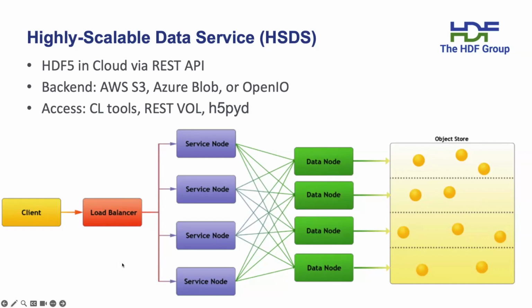And this enables a lot of useful behavior. But one way this comes in very handy is with large reads and large writes. These large requests span dozens or hundreds of chunks, depending on your use. HSDS's internal architecture in this diagram here has multiple service nodes and data nodes. And so when you have these operations on many chunks, HSDS's separate data nodes can divide up that task into multiple pieces operating on disparate chunks, and then operate on them in parallel, because reads on those separate chunks can be done separately.